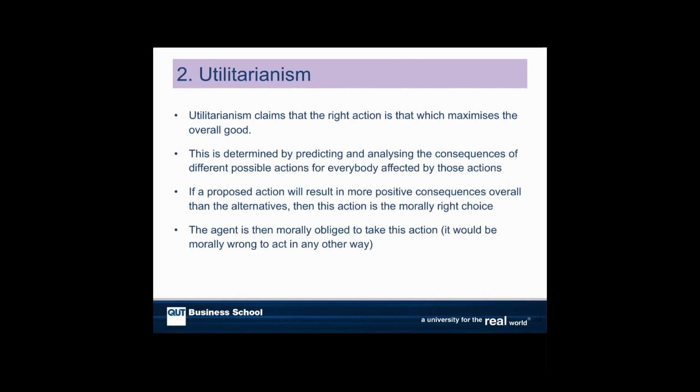The essence of this approach requires the prediction and analysis of the consequences of all the possible actions for everybody affected by it. Then we make the decision based upon the more positive consequences of the option. So you want the alternative that maximizes utility.